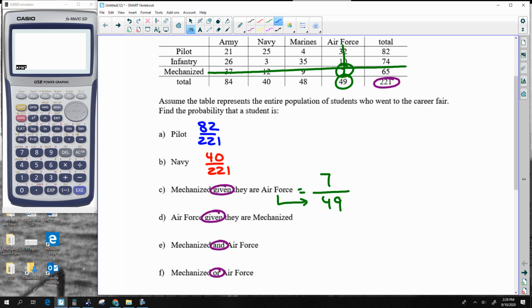We have the word given, so the second piece becomes the total. So mechanized is now the total in this case. Mechanized is 65, so that's out of 65. And the intersection is the numerator, so that's the intersection with Air Force. And again, they intersect at 7.